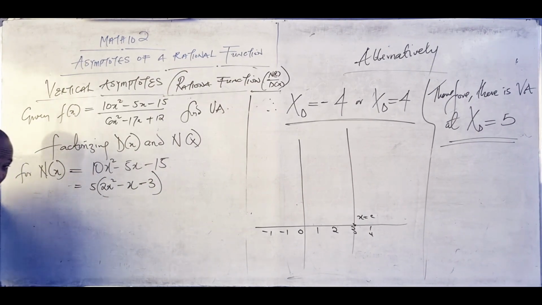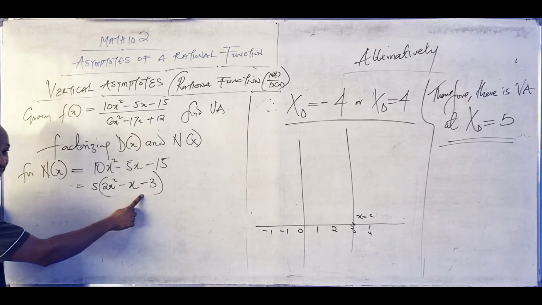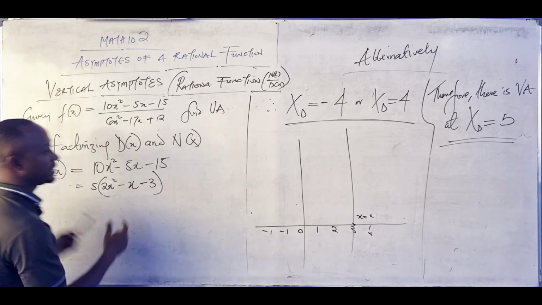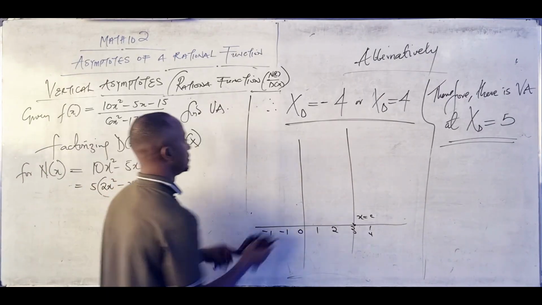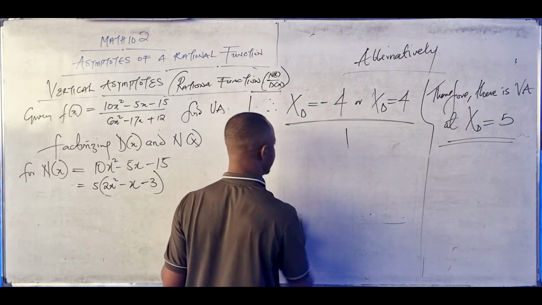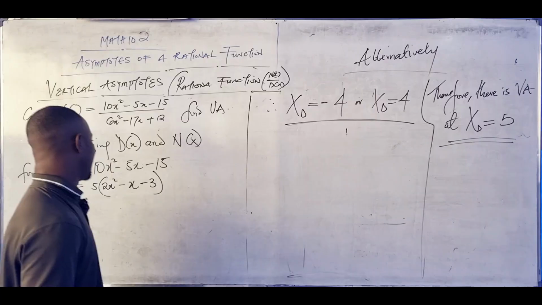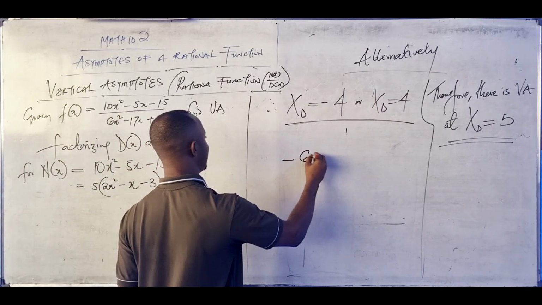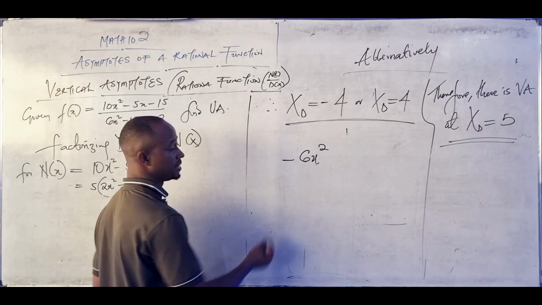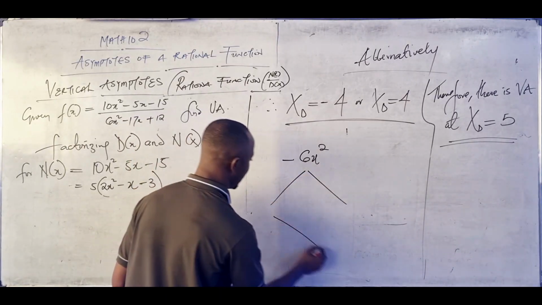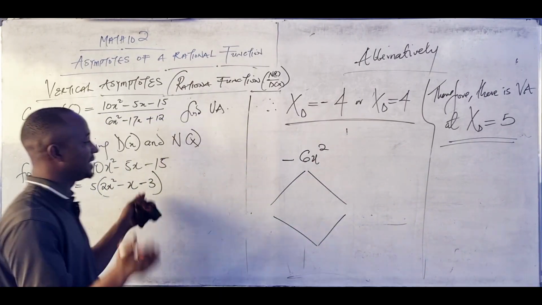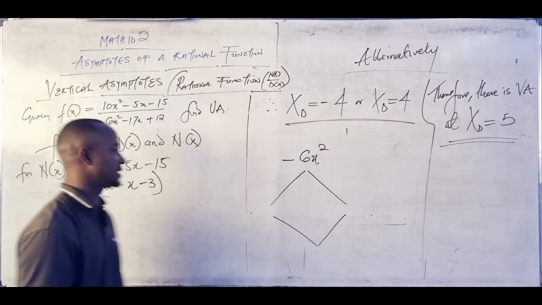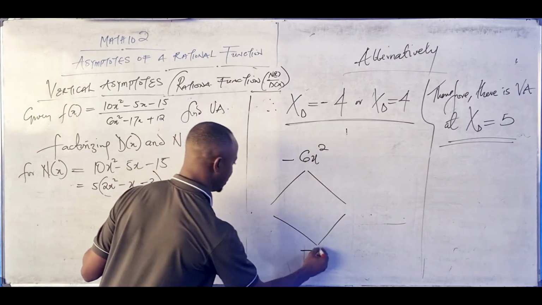I've reduced this, so it's now easy to factorize. Multiply 2x squared by minus 3, what do you have there? Minus 6x squared. Think of two numbers that when you multiply them give us minus 6x squared, but when you add them give us minus x.